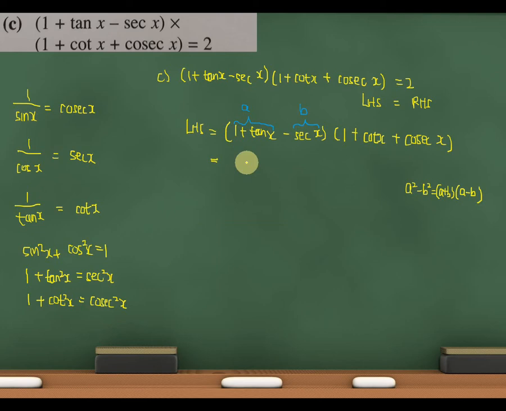In order to make it something like tangent x, here cotangent x we know is 1 over tangent x. We might need to multiply here tangent square x so that we can have tangent x. So let's say I multiply tangent square x, and so 1 of the power will remain, which is tangent x.